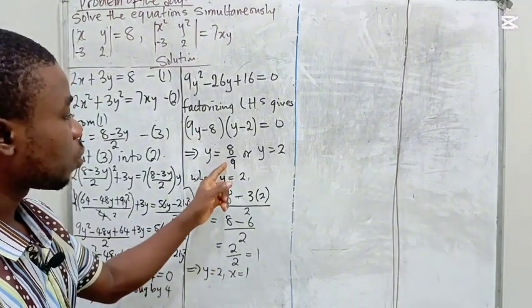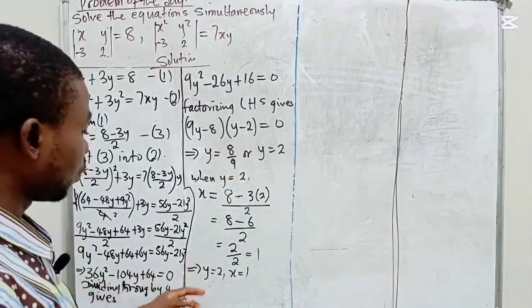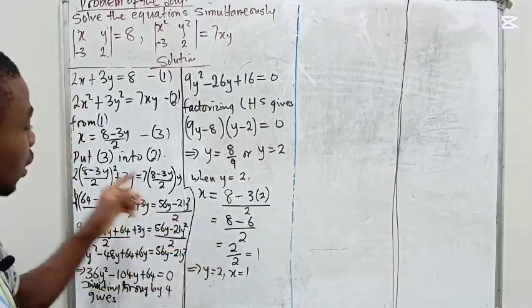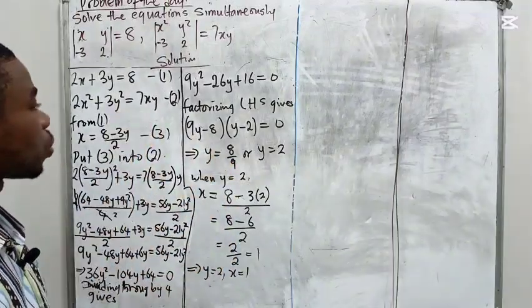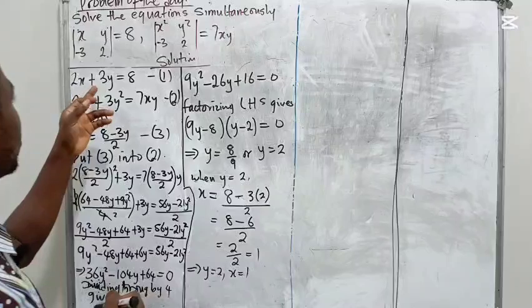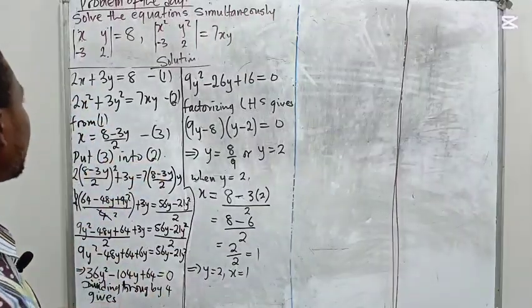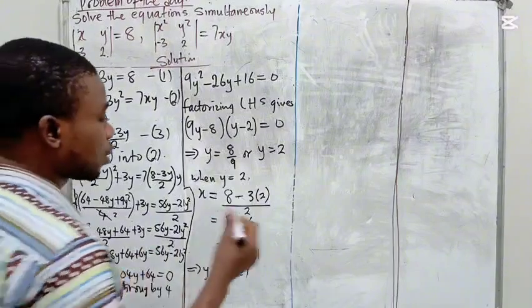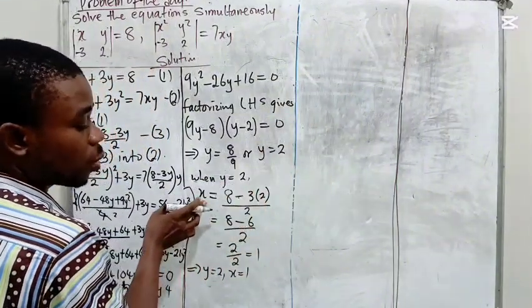Let's look at the second one, when y is equal to 8 over 9. We still go to equation 3, though we can use equation 1 in either case and we'll have the same value. Let's use equation 3 because x is already the subject of the formula.